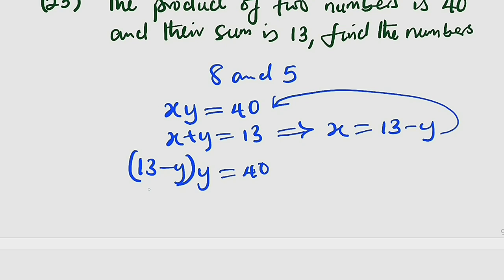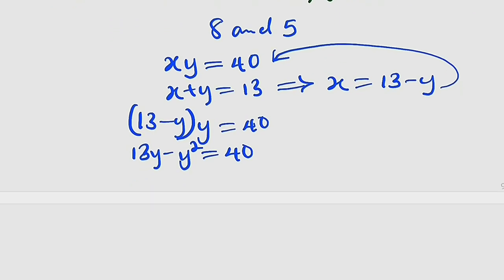So we expand. y times 13 is 13y minus y times y, which is y squared, equal to 40. Then we take every single term to the right hand side. Once negative y squared crosses over, it becomes y squared. Once 13y crosses over, it becomes negative 13y. We already have 40 there and everything equal to 0.